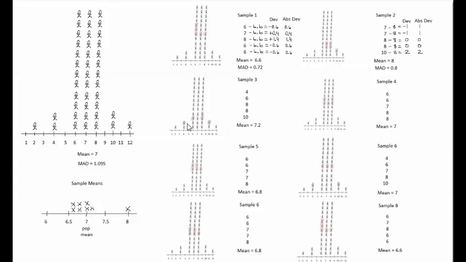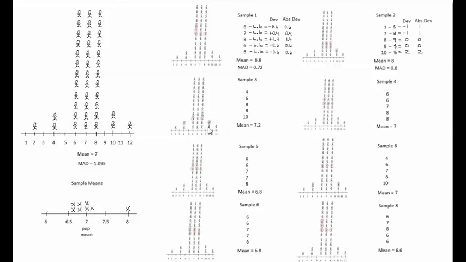But this sample right here has even more spread than these samples do, because here we have some people who were spread out between 4 and 10. We have a 4, a 6, 2 8s, and a 10.